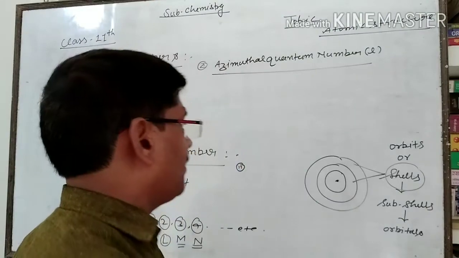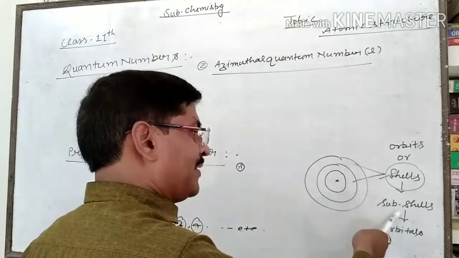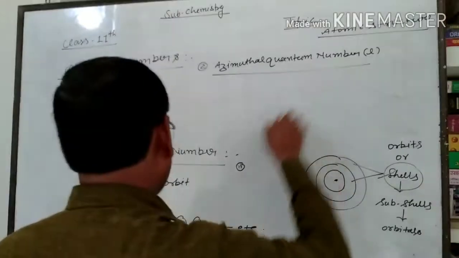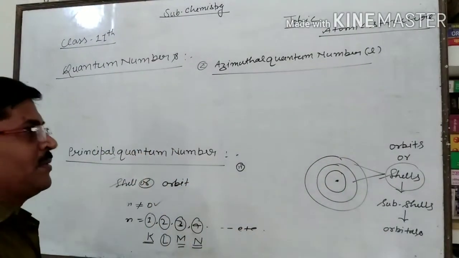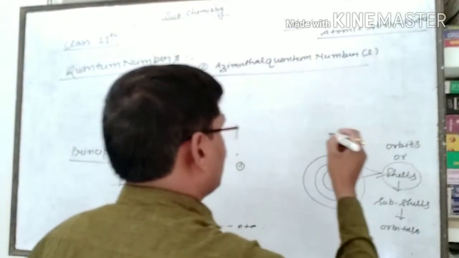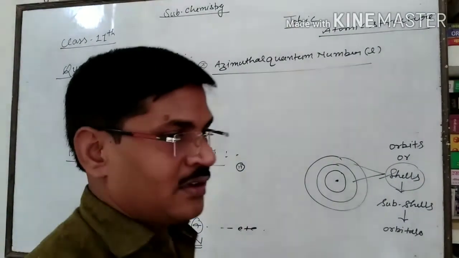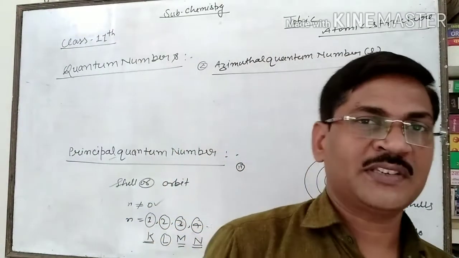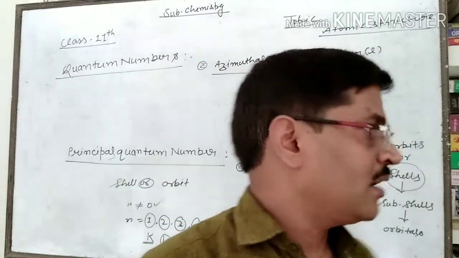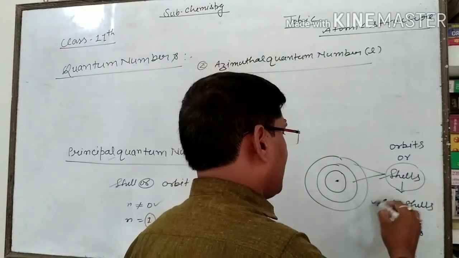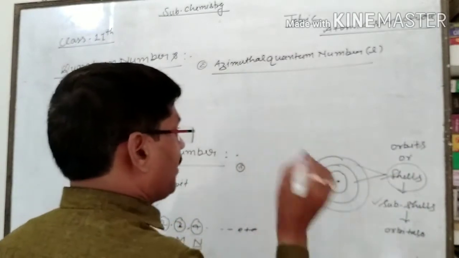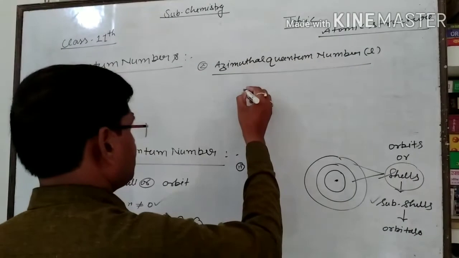Here you have to remember, cells have subcells, which means the second quantum number depends on the principal quantum number. What will be the definition? The azimuthal quantum number represents the position and the energy of the electron in the subcell of an atom.